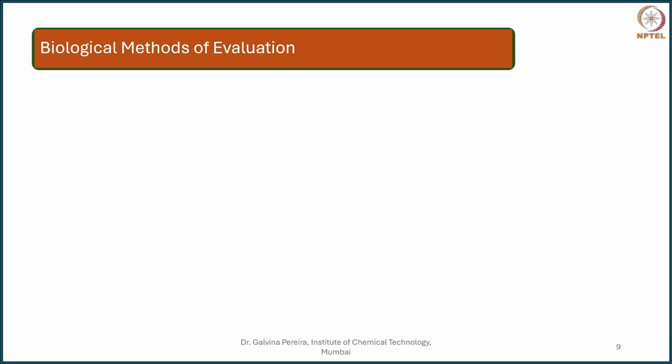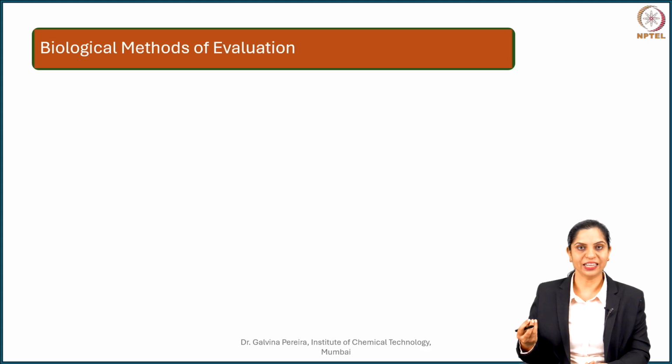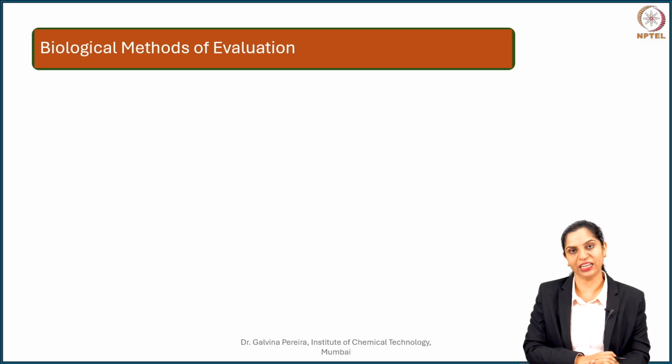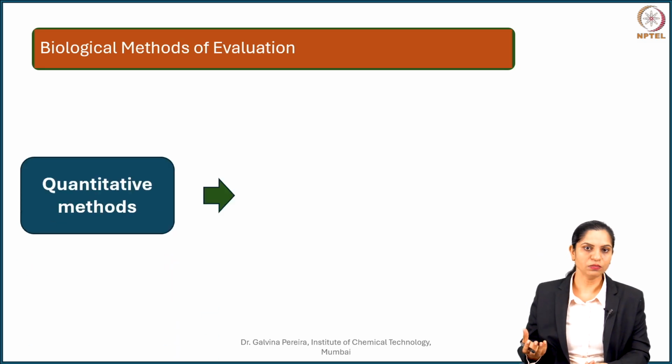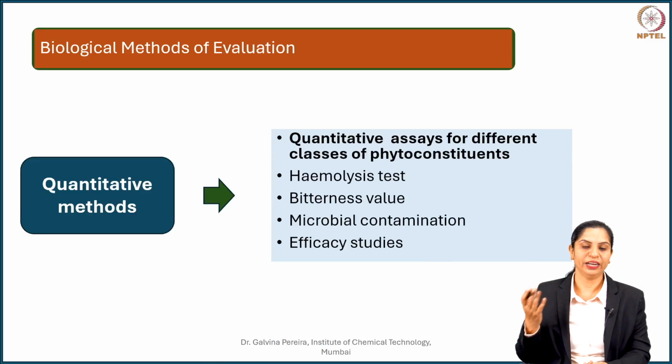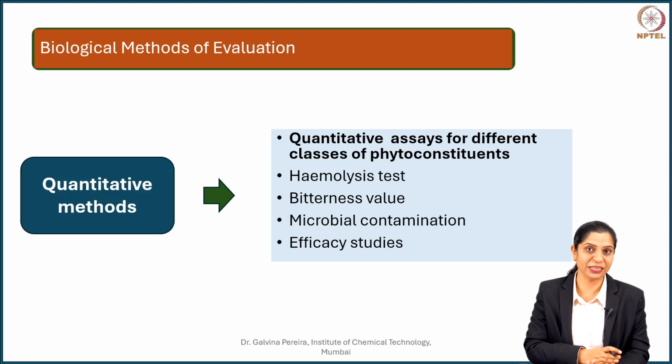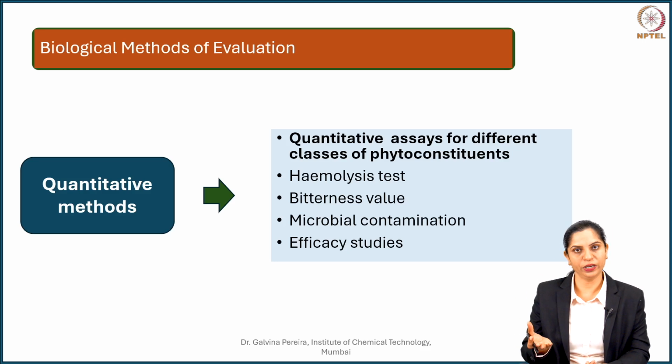Now this is very important because the biology of your drug, that is how your drug is acting on a system, is the main parameter and is the reason for which you are taking the drug. Now these methods include, first, your hemolysis test for saponins, which can tell how much saponins are present, since saponins have the ability to break your RBCs and release the hemoglobin.